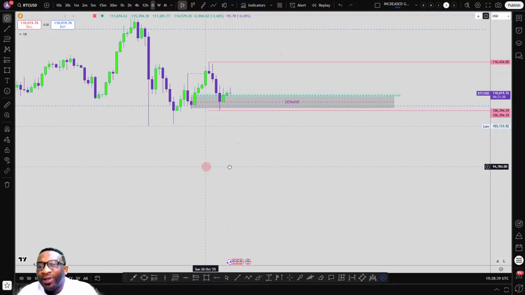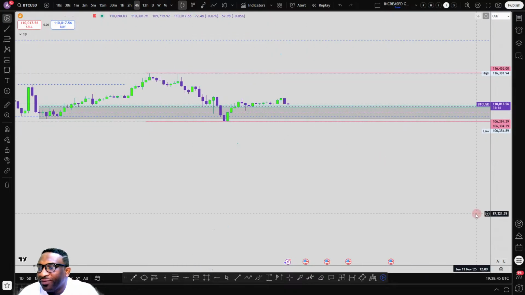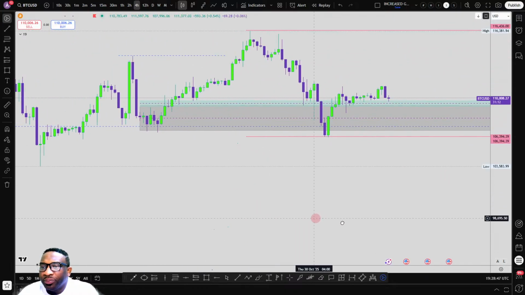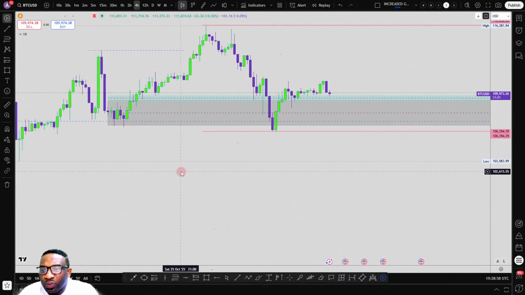So we want to further refine this zone. What we could do is pop onto the 4-hour time frame. Already we had price tapping into this zone and then giving us signs of pushing up. So let's see what we have here.